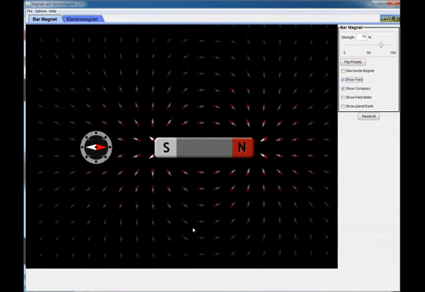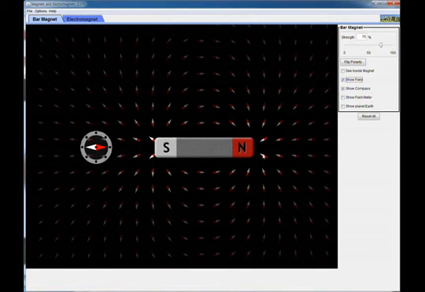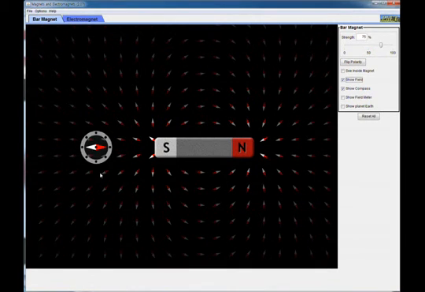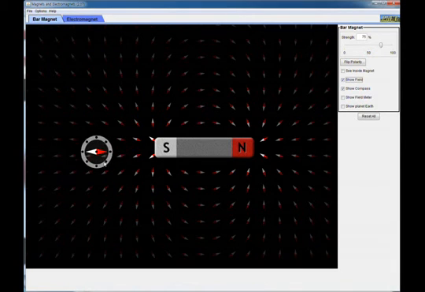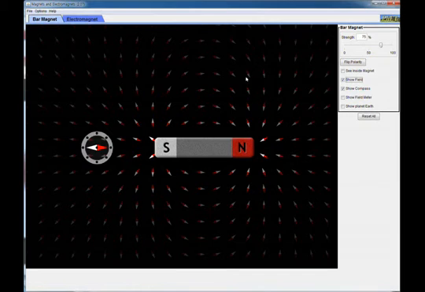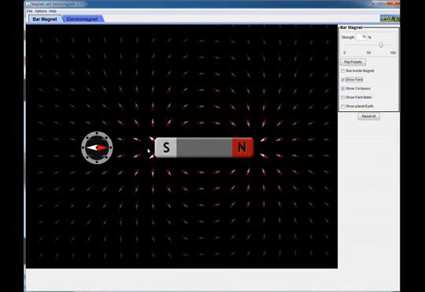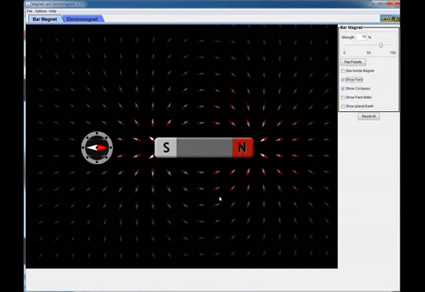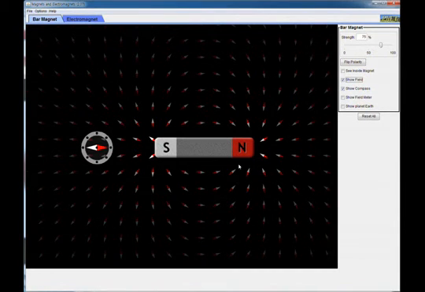So these tiny compasses around the bar magnet finally show the direction of the magnetic field, which we had already guessed using the compass. They come out from the north pole and finally go into the south pole. This is just like the direction of the electric field around an electric dipole.